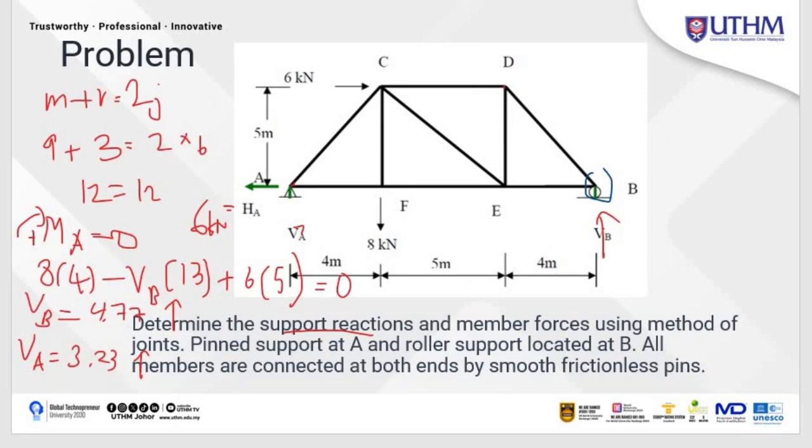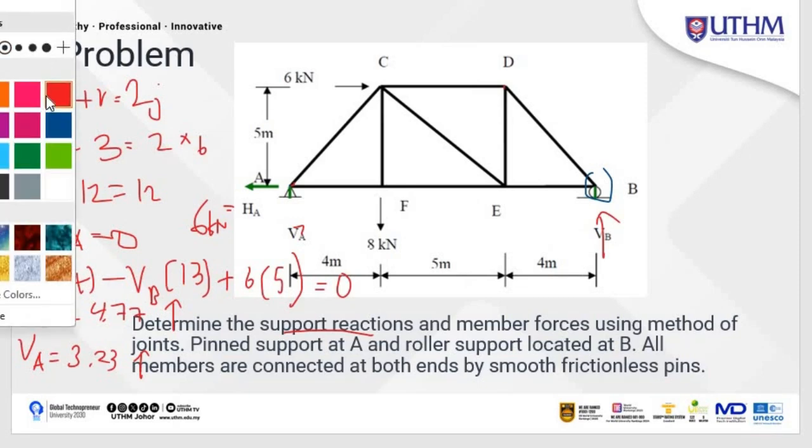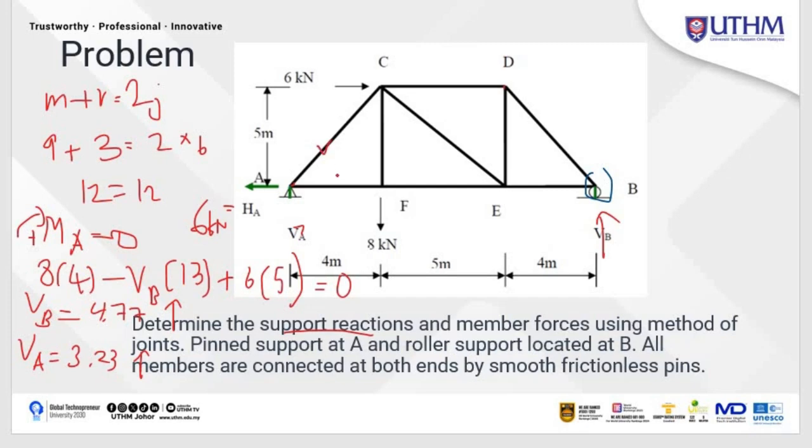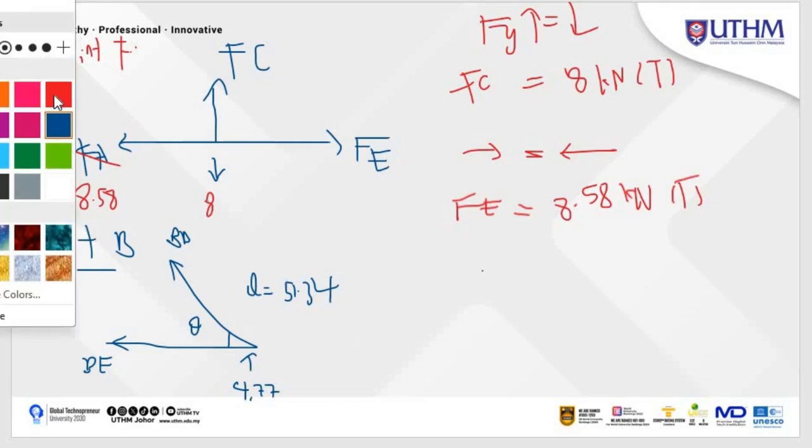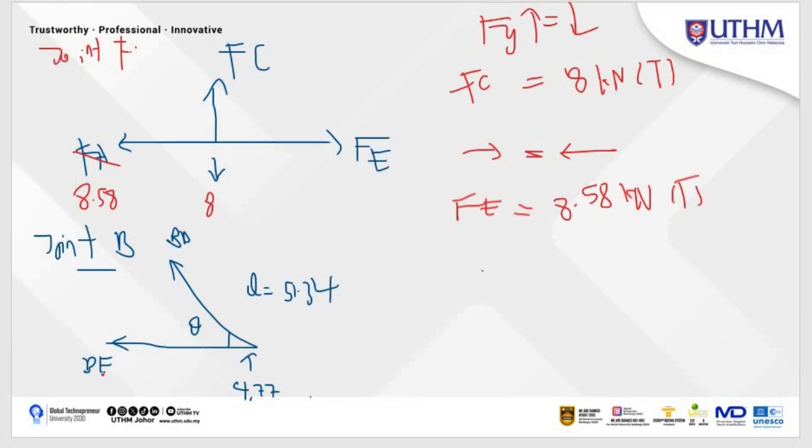Now if you look here, we already found this member force, this one, and this one. So the next joint we can start at is B. This one is referring to joint B. Here we have members BD and also BE.